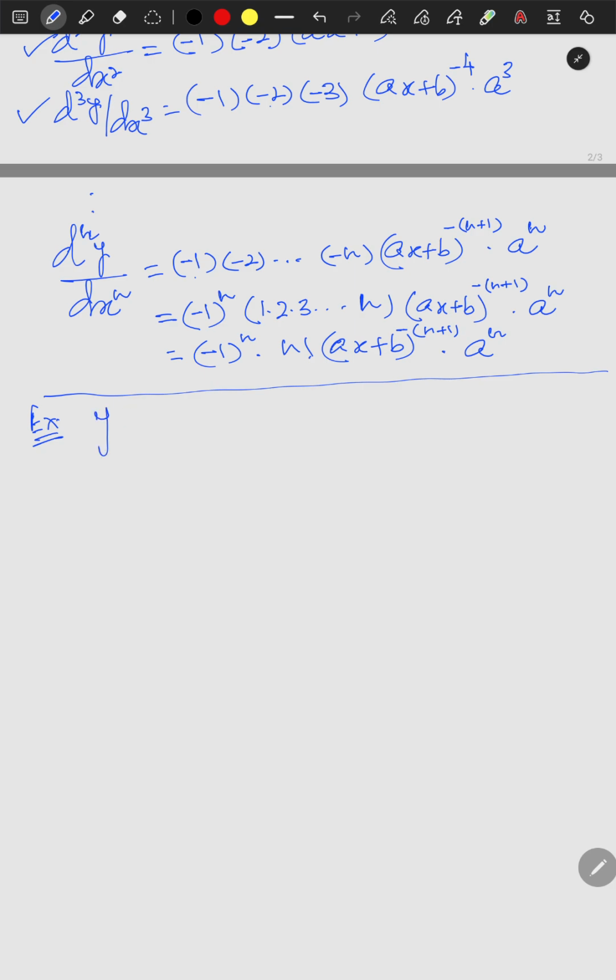So let's say we are given a function, for example 2x plus 3 to the power 10, right? And let's say we have to find the 7th order derivative of this function y.